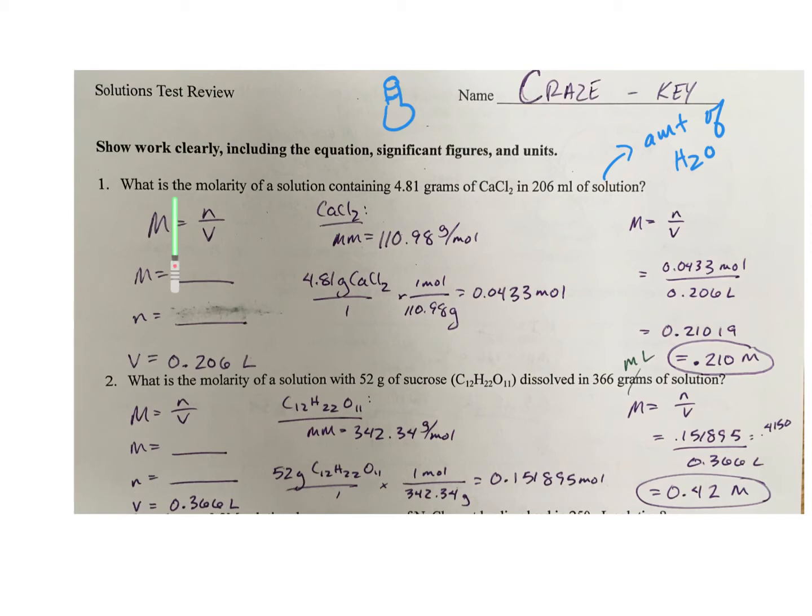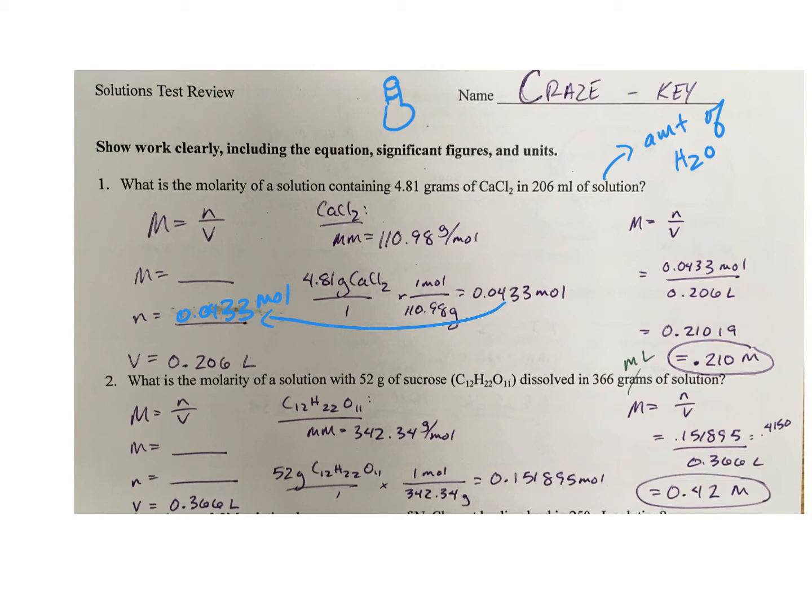So moving on, if you have this formula, M equals N over V, the question tells you only the V. That's the only variable it tells you, for sure. It tells you grams of calcium chloride, and from grams of calcium chloride, you can determine the number of moles. After you determine the number of moles, you could write it in the N space, 0.0433 moles.